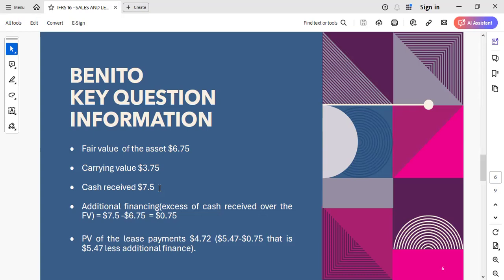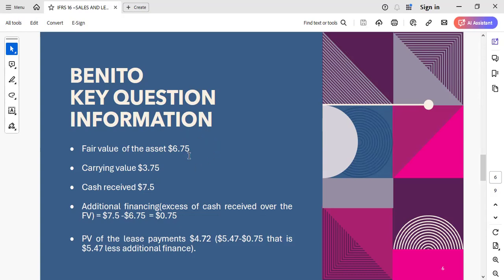Once this happens in a sale and leaseback arrangement, the difference between the cash received, especially if it is higher than the fair value of the asset, we treat that difference as additional financing. It's like that additional amount is a loan that you took. So in this case, the cash received is bigger than the fair value.